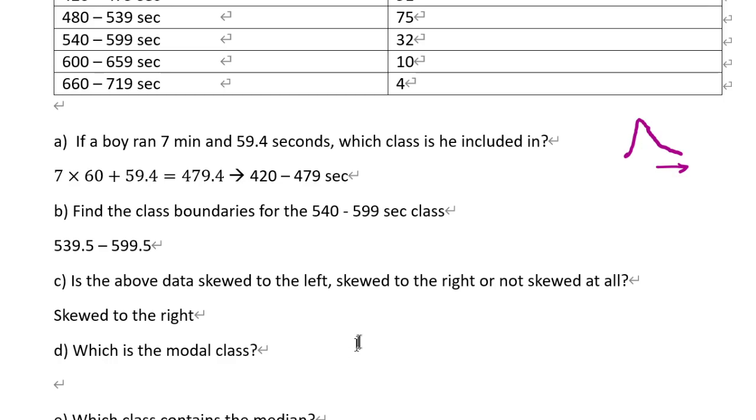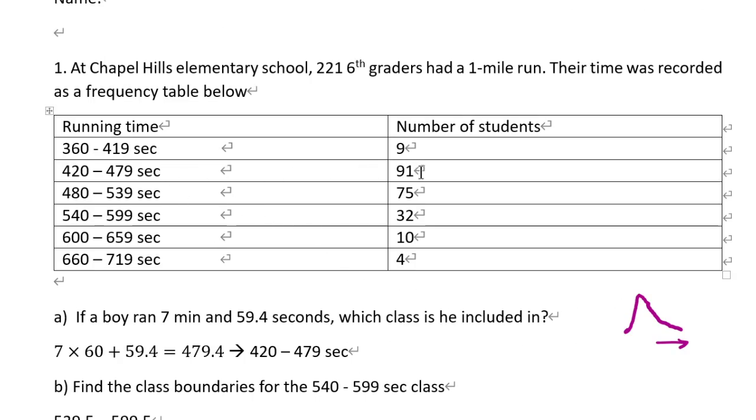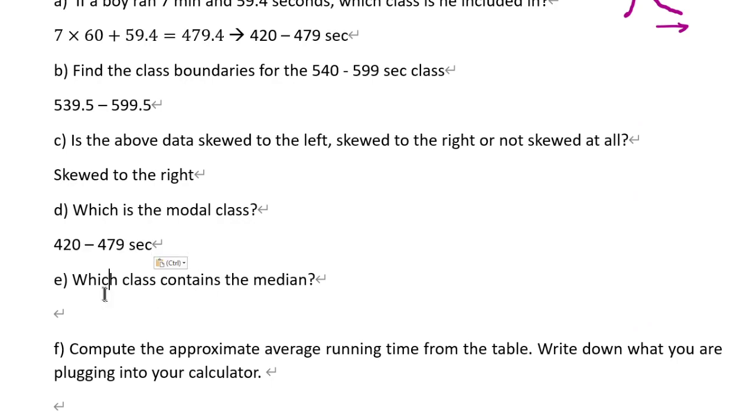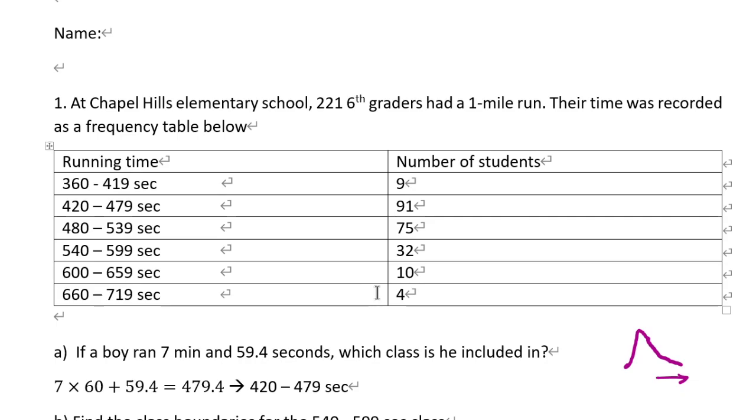What is the modal class? The modal class is the class with the highest frequency, and you can see here it's 91. 91 is bigger than anything else, so that's the modal class. Which class contains the median? Well, median is the number that you would get in the middle if you were to put all the raw scores from the smallest to the largest, right? Since there are 221 data points, if you take half of it, that's 110.5, and that rounds to 111.